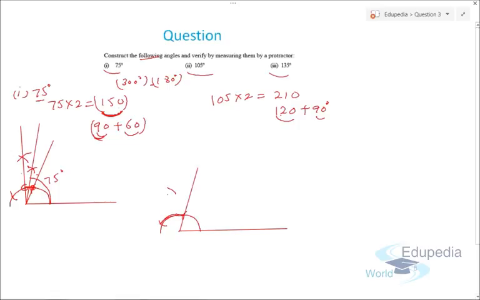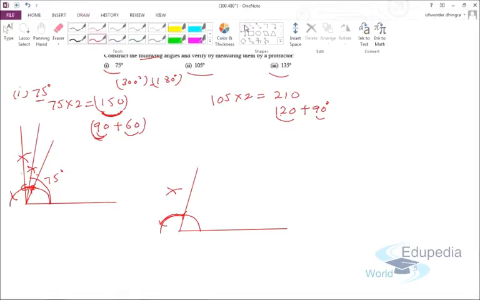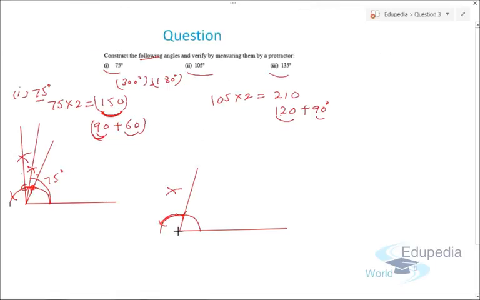Then from one point here we draw like this, then this becomes the 90-degree angle, right? So this is, let's say, 90-degree angle, right?